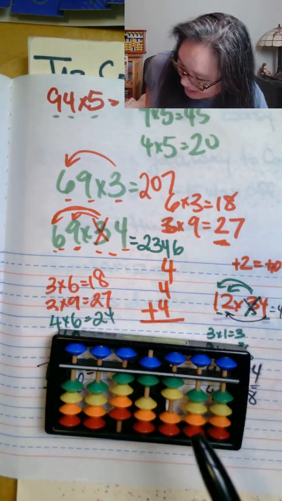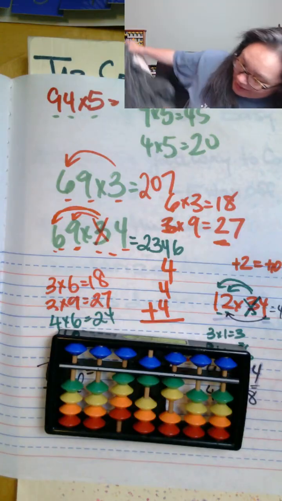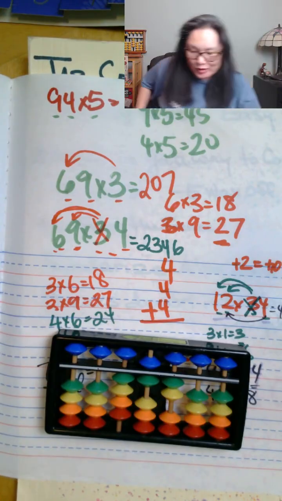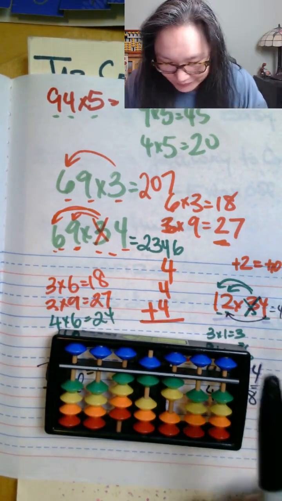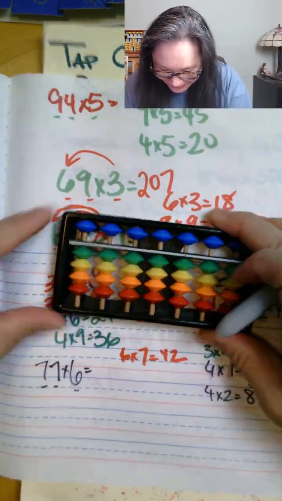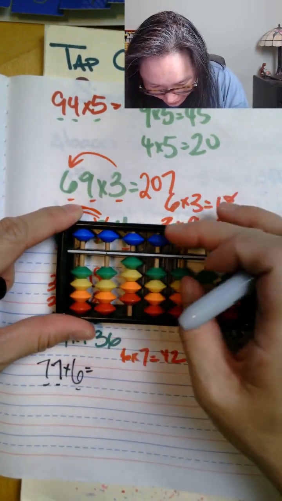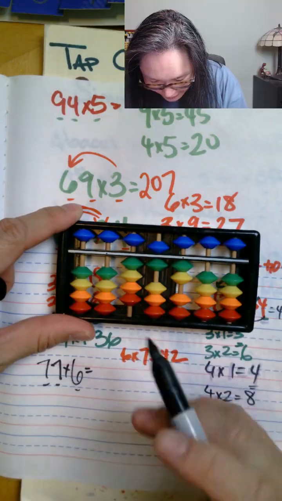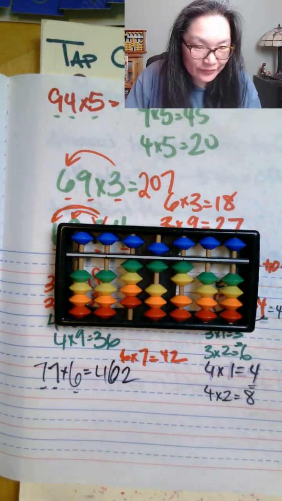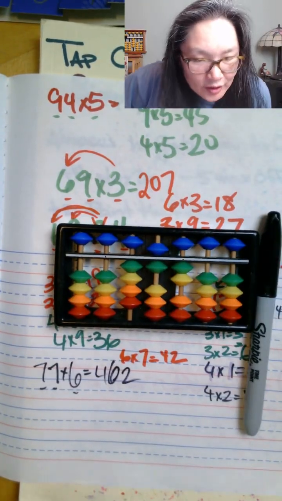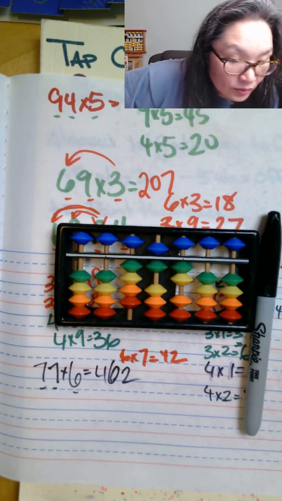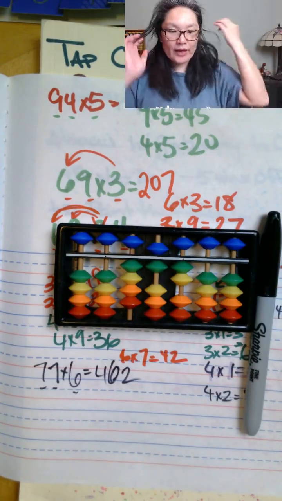I'm just thinking maybe I turned into a Californian because I actually grew up in Toronto. But anyways, okay. So the answer is 462. There we go. I'm from the 810 though. I don't know where that is.